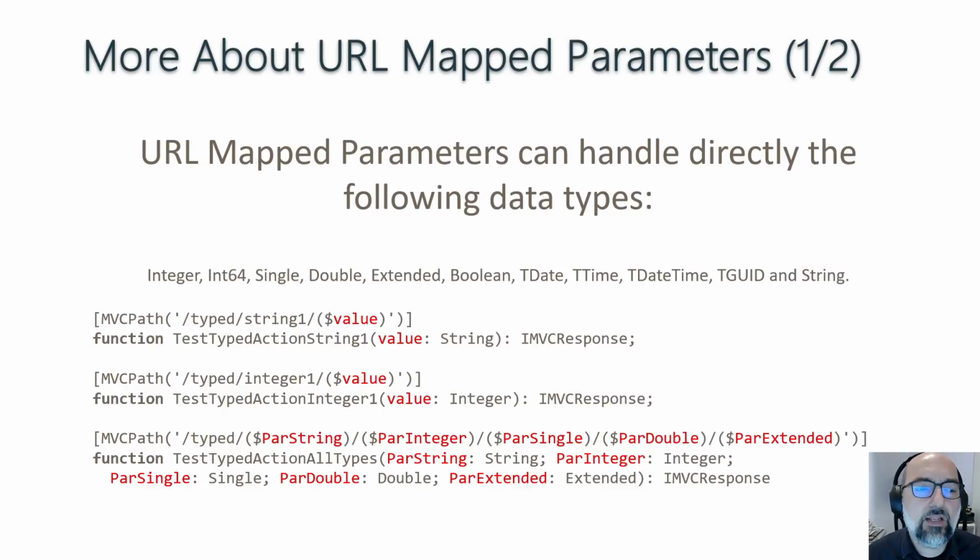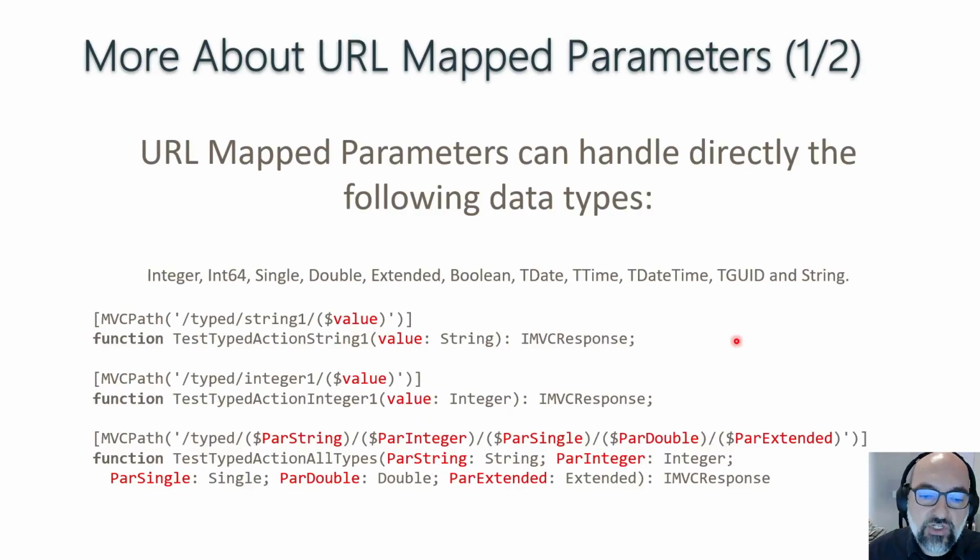So let's talk more about the URL mapped parameters. The URL mapped parameters can directly handle the following data types: integer, int64, single, double, decimal, boolean, TDate, TTime, TDateTime, TGUID, and string. The mechanism is always the same.